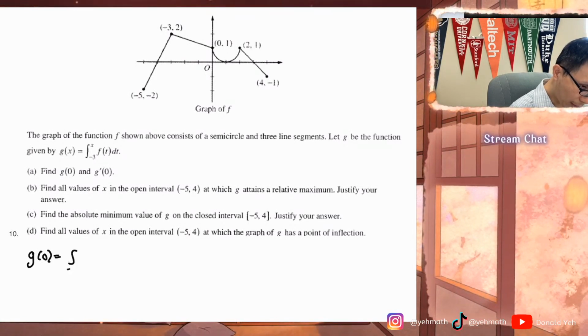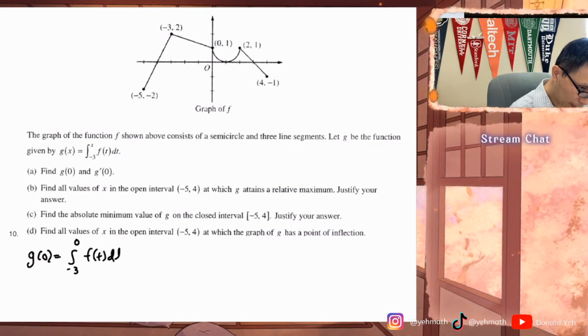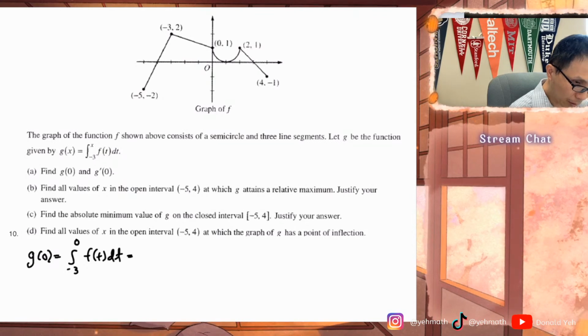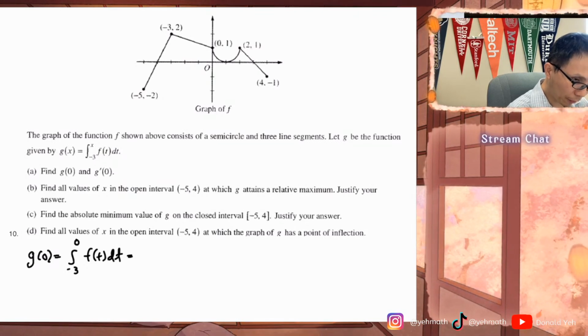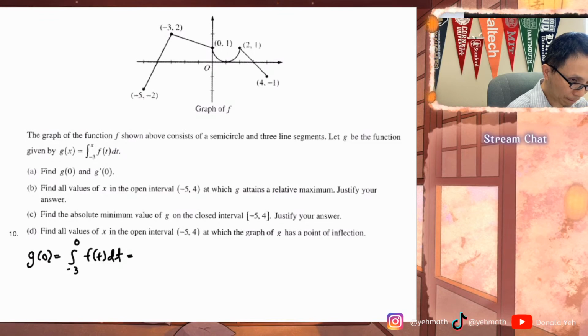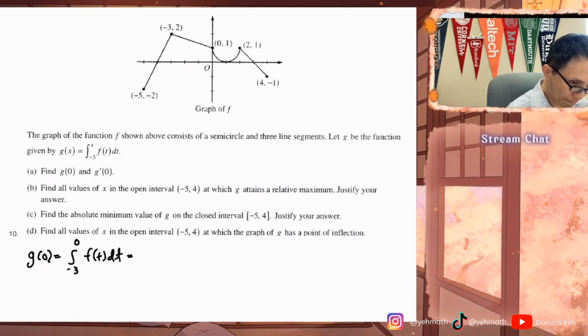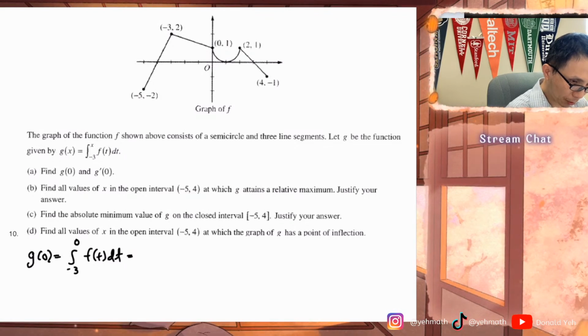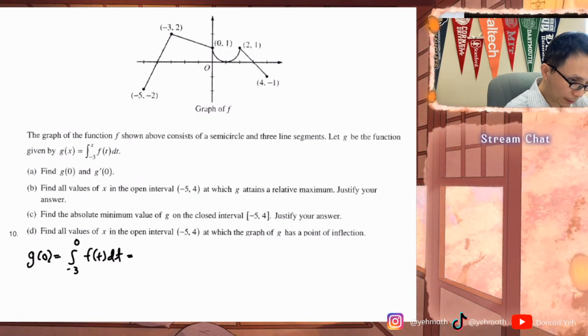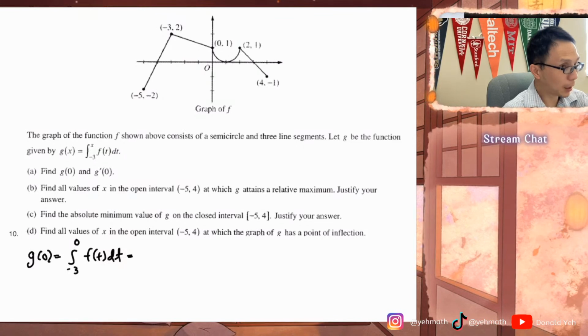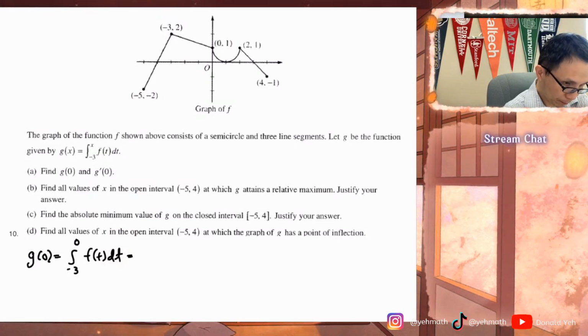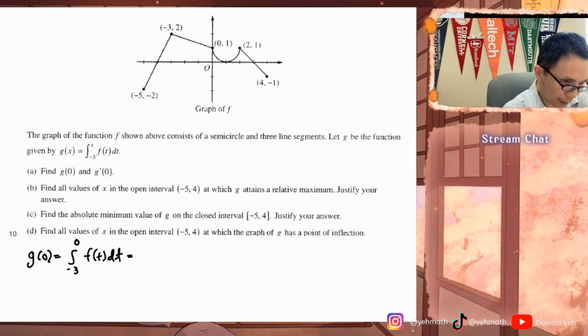Well, that means the integral from -3 to 0 of f of t dt. And that's equal to, well, if it's going to the 0 from -3, what am I going to get? Between -3 to 0, what am I going to get? 9/2.